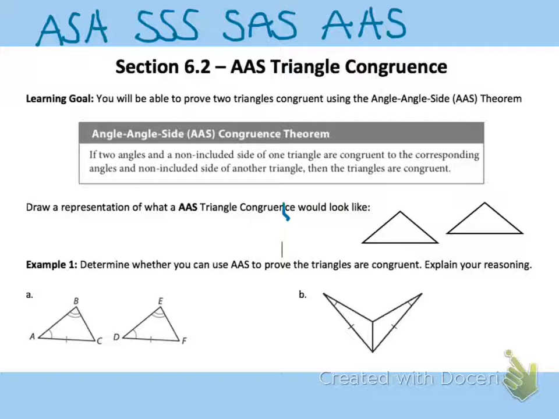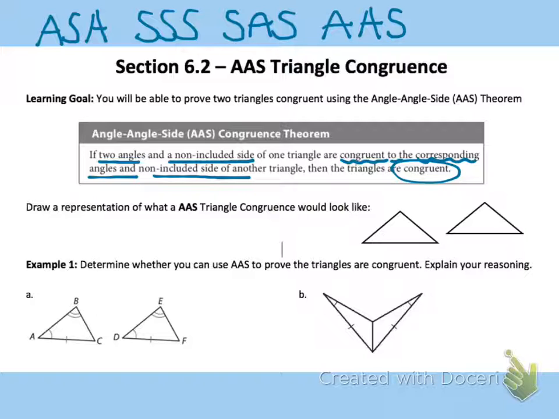The angle, angle, side theorem says this: if two angles and a non-included side of one triangle are congruent to the corresponding two angles and non-included side of another triangle, then the triangles must be congruent.